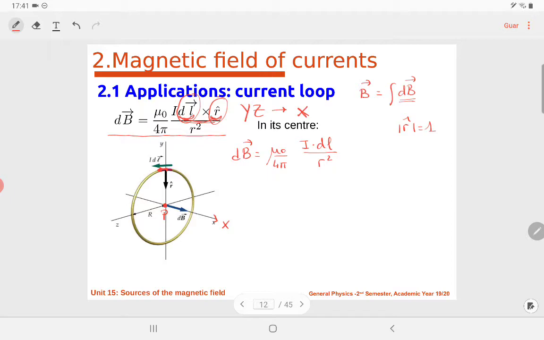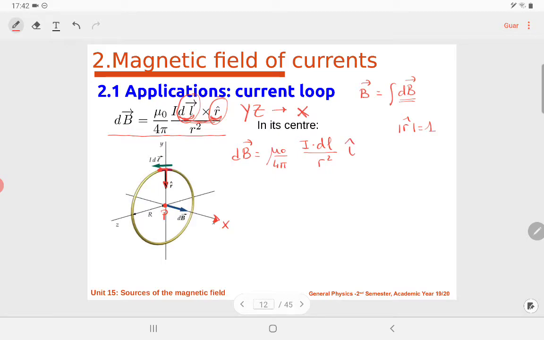You would put in your index finger the differential of current that is going towards the positive side of the z direction, and in your middle finger the vector r, this vector here, and this makes your thumb point towards the positive direction of the x-axis. So that is why this is here with a positive direction.